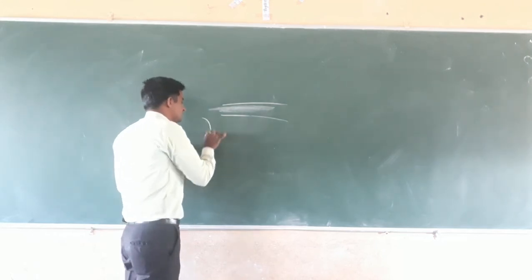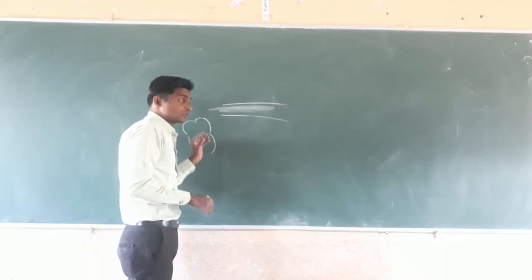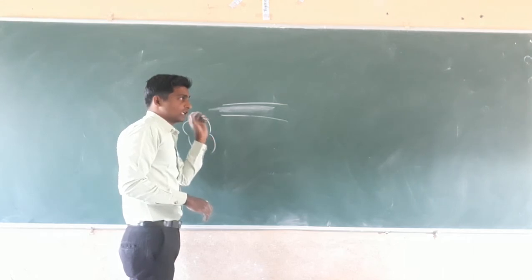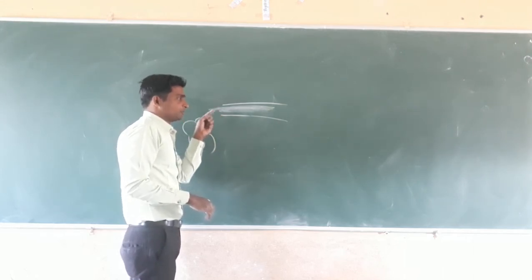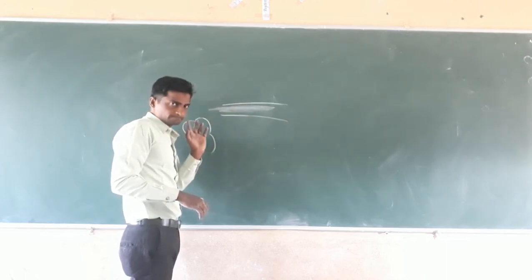See, here the heart is there. Heart exerts the pressure to circulate the blood. It means when it exerts the pressure, that pressure will be produced on the walls of the blood vessels.